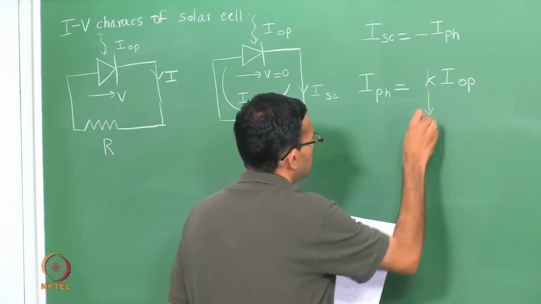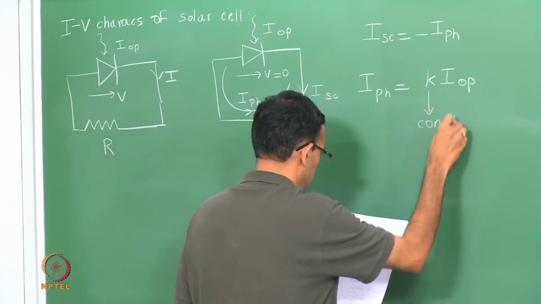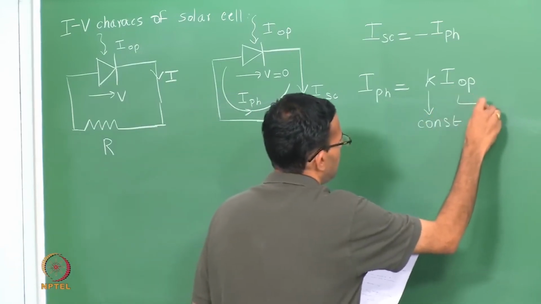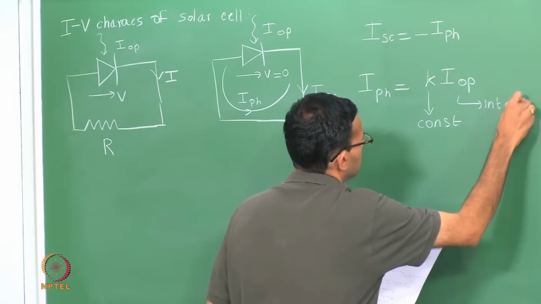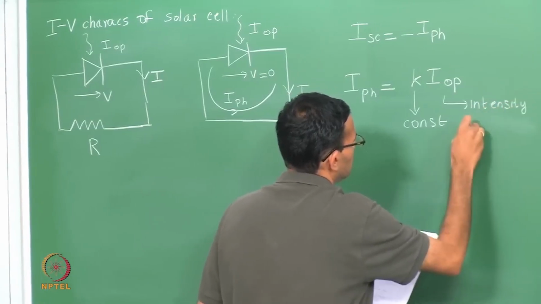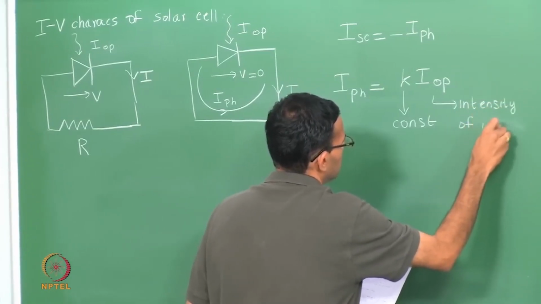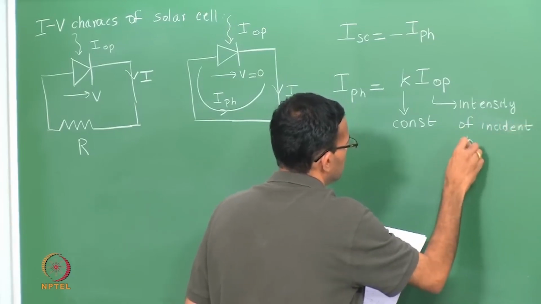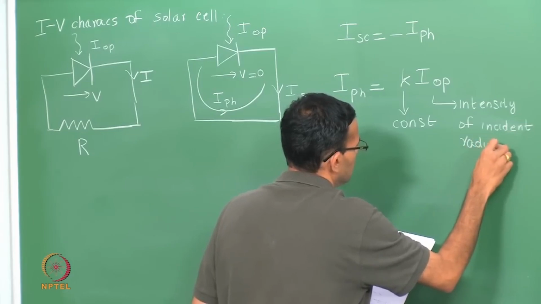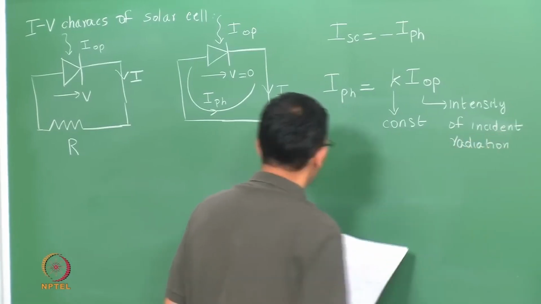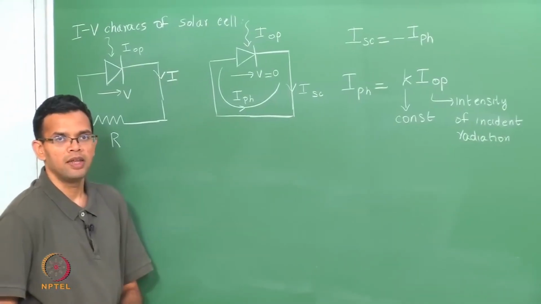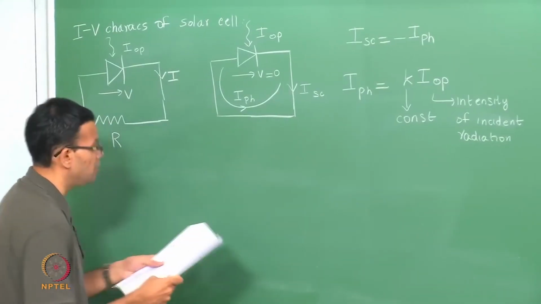So, k here is a constant and this is the intensity of incident radiation. So, we take this and now add on an external load in the form of a resistor.